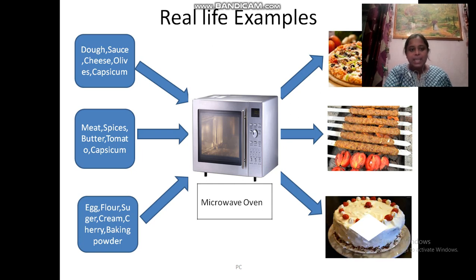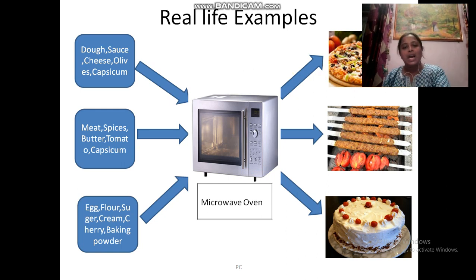That means here these three ingredients are the important input parameters to the microwave oven. This microwave oven is used for so many purposes. Instead of buying and using three different ovens, we are using this microwave oven for so many purposes.